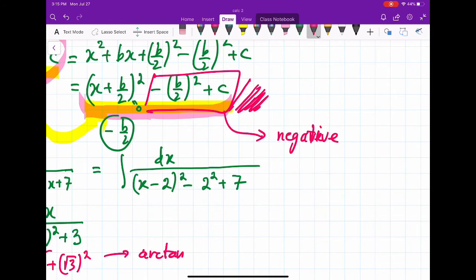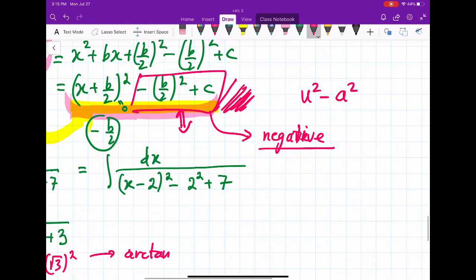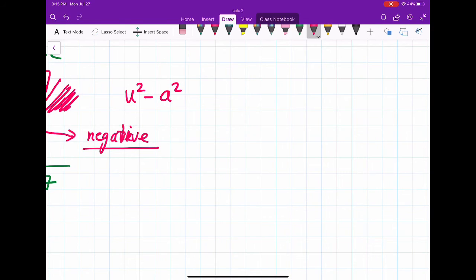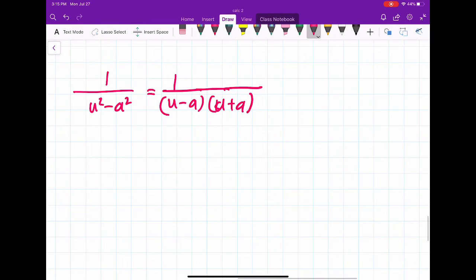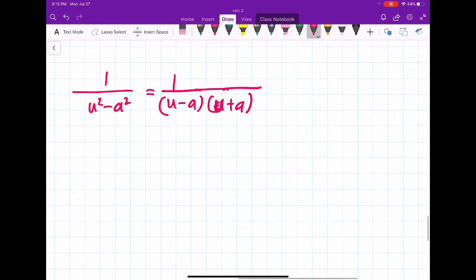So we have to be very flexible. If this part is negative, you will be in the case u square minus a square. You see this? But u square minus a square is even better because 1 over u square minus a square is equal to 1 over u minus a times u plus a. And you can break this function into two simple functions.